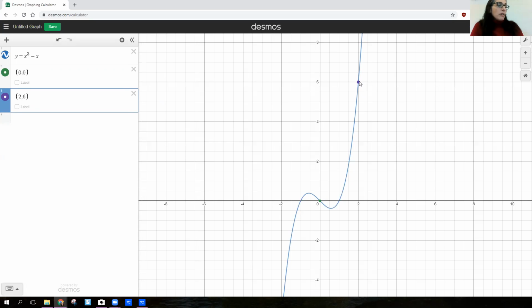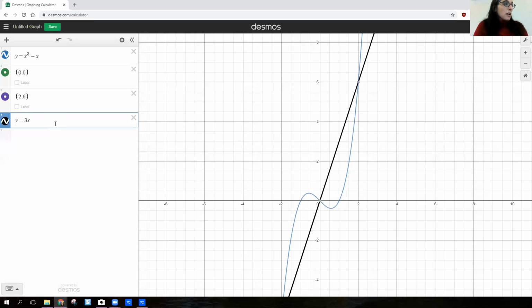If I were to connect those with a line, I'd get a secant line, right? So let's see, if I connect those 2 points, that would be over 2 and up 6, right? So that's 3x. Yeah, there we go. So there's that secant line right there. Okay, see how the slope of it is 3? All right, now let's go back to the paper here.